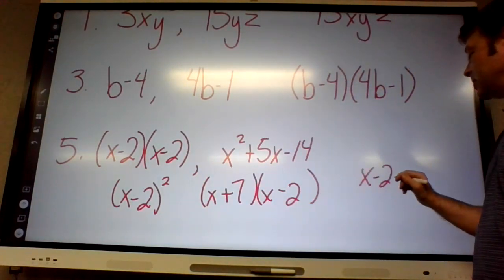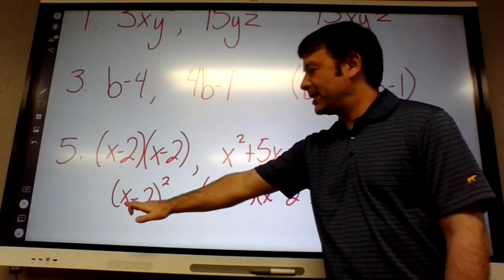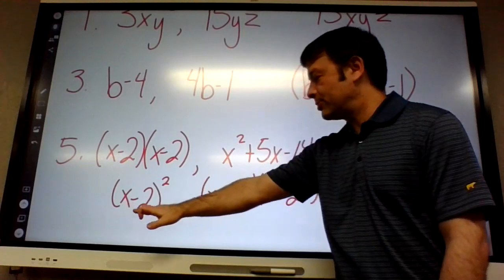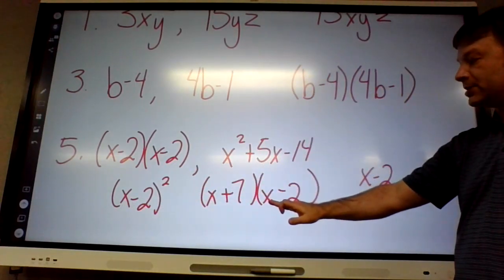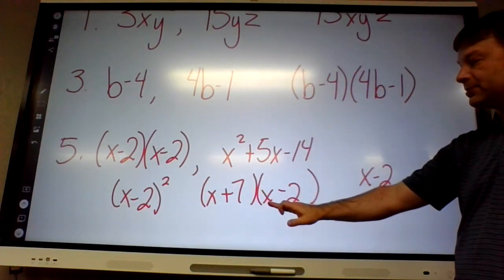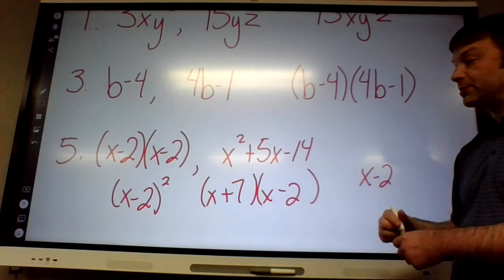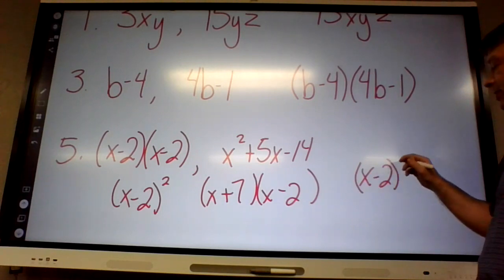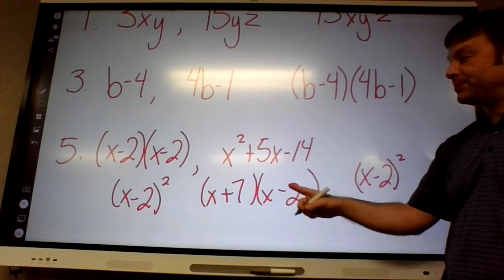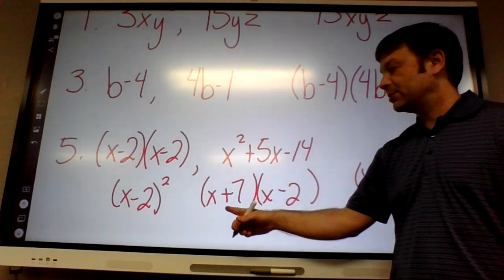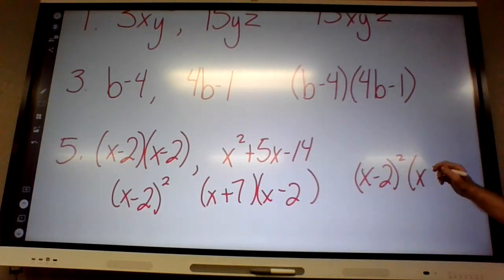This goes into x minus 2 squared because it's just this times 1. This goes into x minus 2 squared because it's just this times x minus 2. You don't need 3 of them, you just need something they both go into. They both go into x minus 2 squared. How many x plus 7's do I need to use? 1. So that's the common multiple.